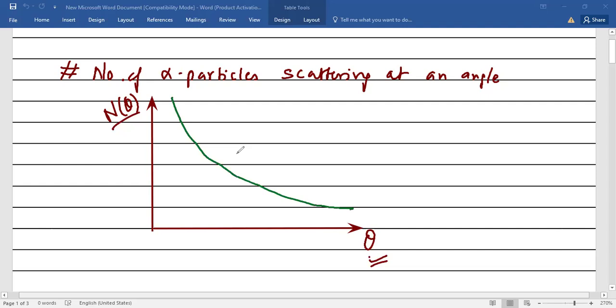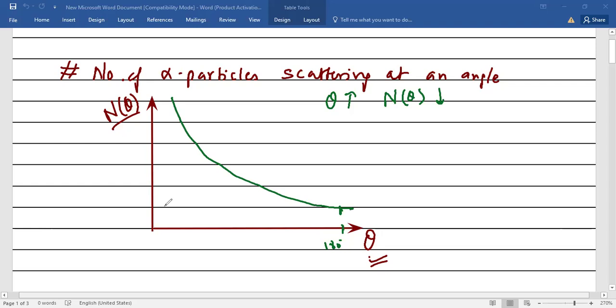Now we can see that the number of particles scattering at an angle is inversely proportional to theta. If theta is more, the number of particles scattering at that angle will be less. So if we take 180 degree, there is a very small number of particles which got scattered.